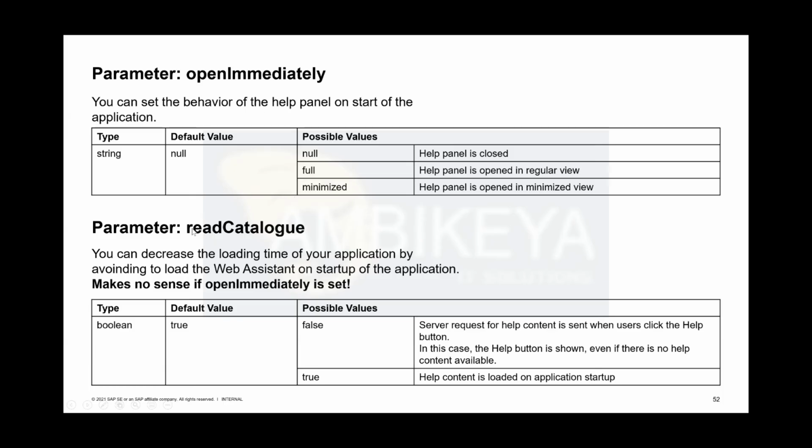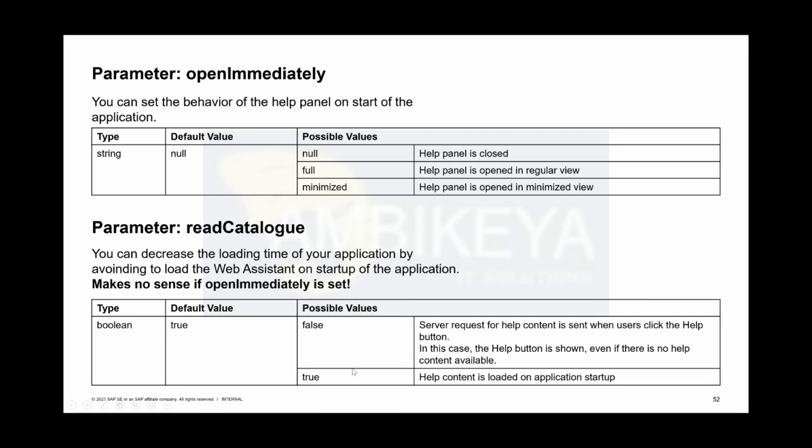Going back, in this particular case, only if this is default or explicitly set to null, you can use the read catalog property. And that's an important one, again, because it's not obvious what it does, but it's a very, very important one from a technical perspective.